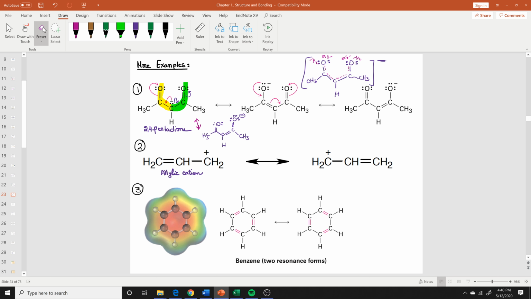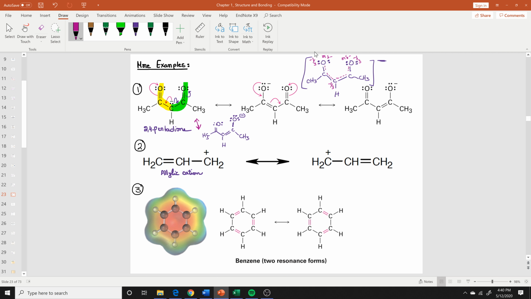So instead of negative half, it's going to be negative 1/3 because it is divided between two oxygens and one carbon, 3 atoms. So I have -1 that is divided over 3 atoms. Does that make sense? It's going to be -1/3, -1/3, and then -1/3 over here.